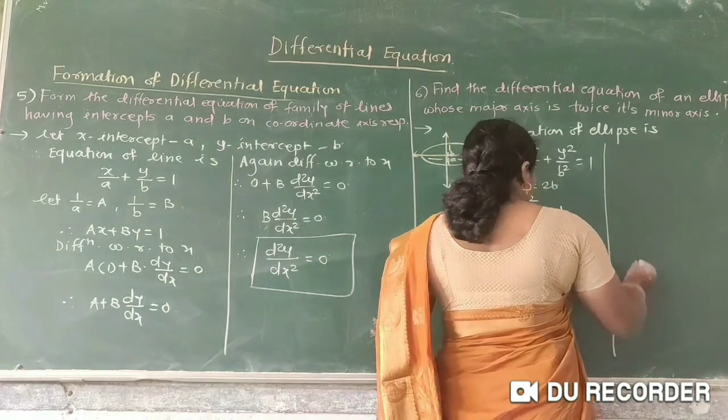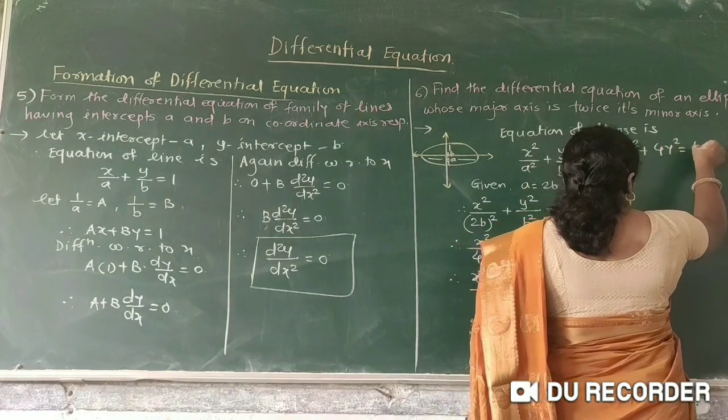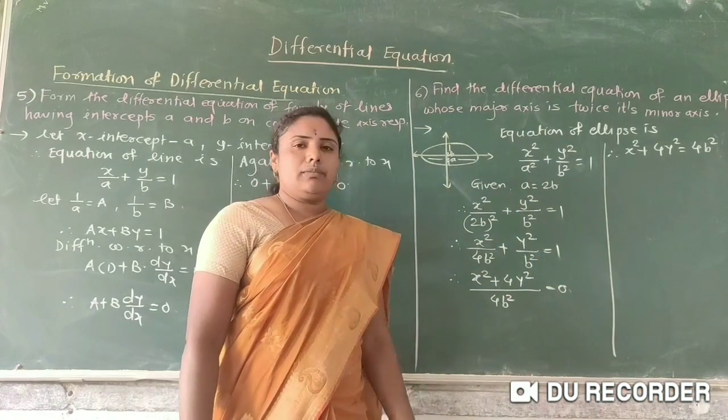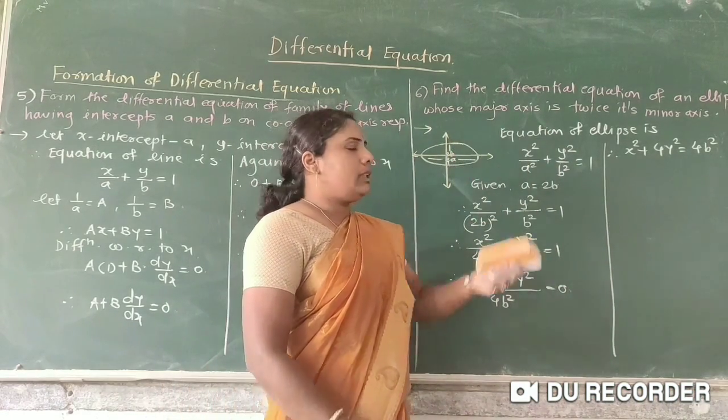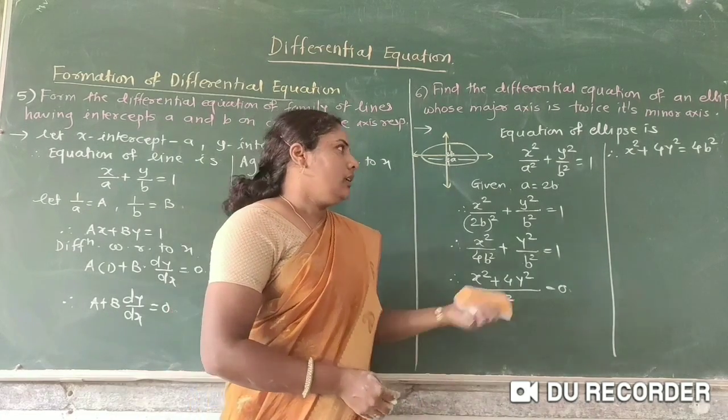Therefore, we get the equation x square plus 4y square equal to 4b square. This is the equation of the ellipse whose major axis is double the minor axis.